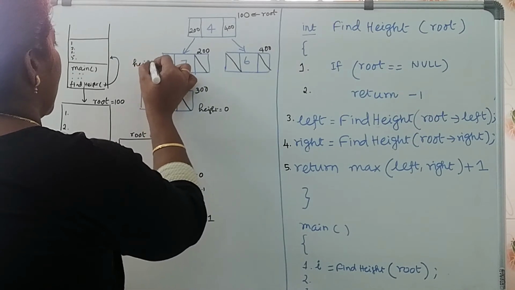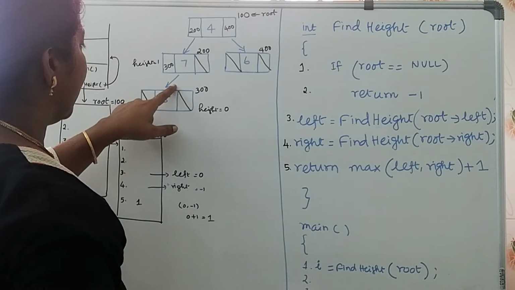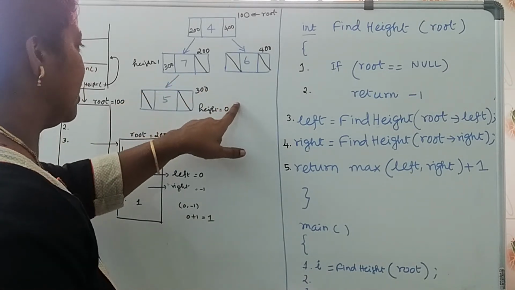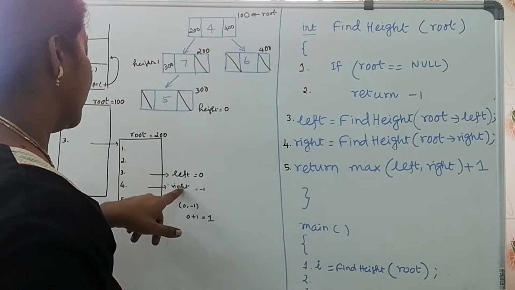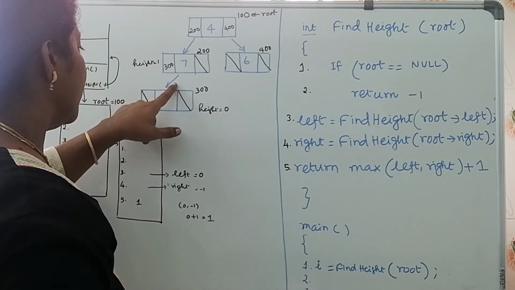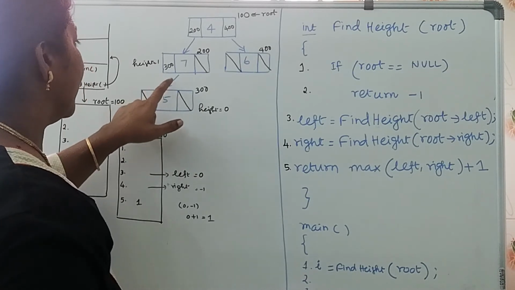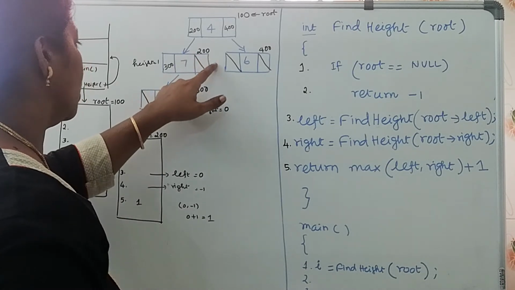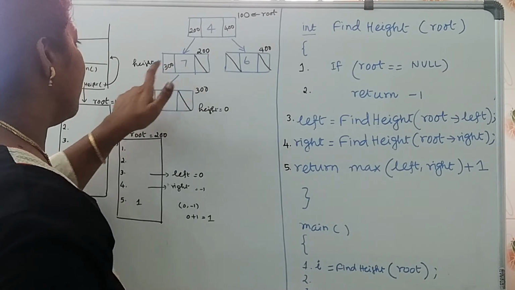So now note down height equal to 1, because this does not have any right child, so it will return -1. Now this will return 0 because the height of this subtree is 0, and the maximum of that is 0 minus 1 plus 1. So the height of the node consisting of key 7 is 1.